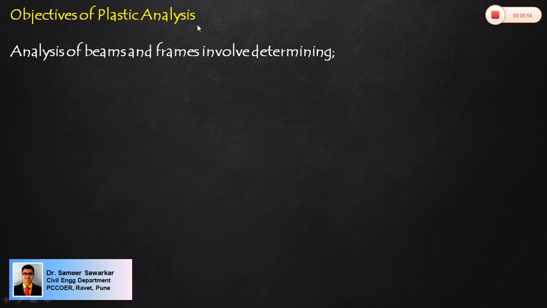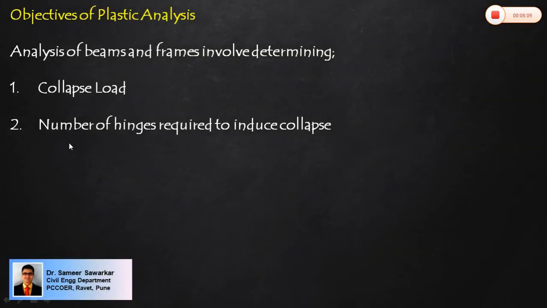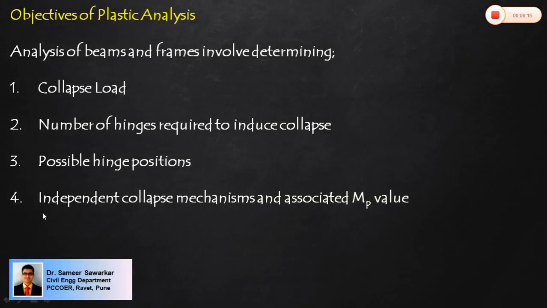What are they? Analysis of beams and frames involves determining the collapse load, the number of hinges required to induce the collapse, possible hinge positions, independent collapse mechanisms and associated Mp values, that is, plastic moment of resistance values.